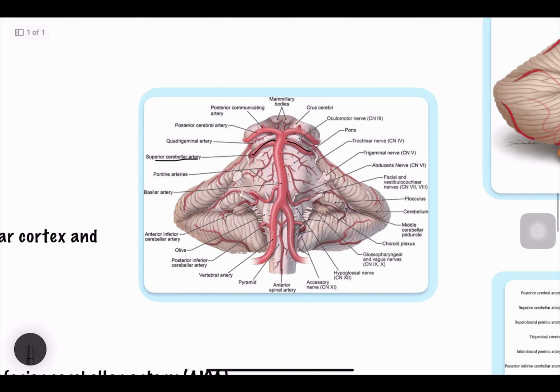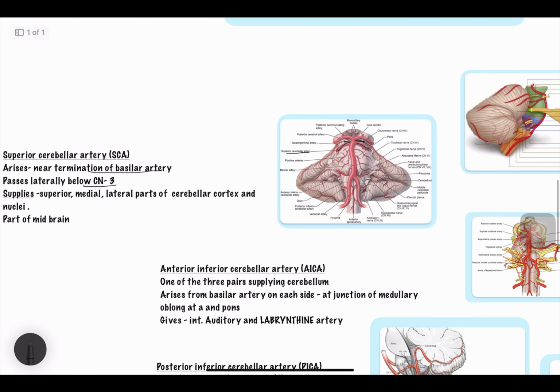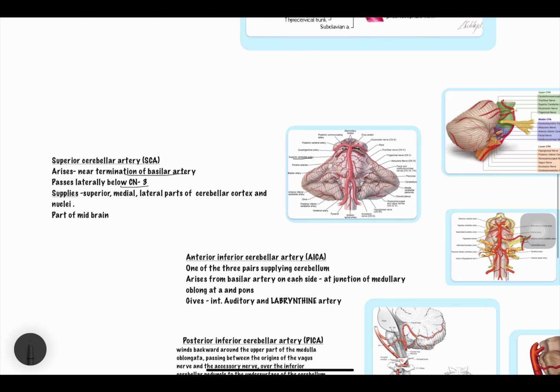Over here we can see the presence of the oculomotor nerve. It supplies the superior, medial and lateral parts of the cerebellar cortex and the nuclei, which are parts of the gray matter in the brain, and also supplies part of the midbrain.